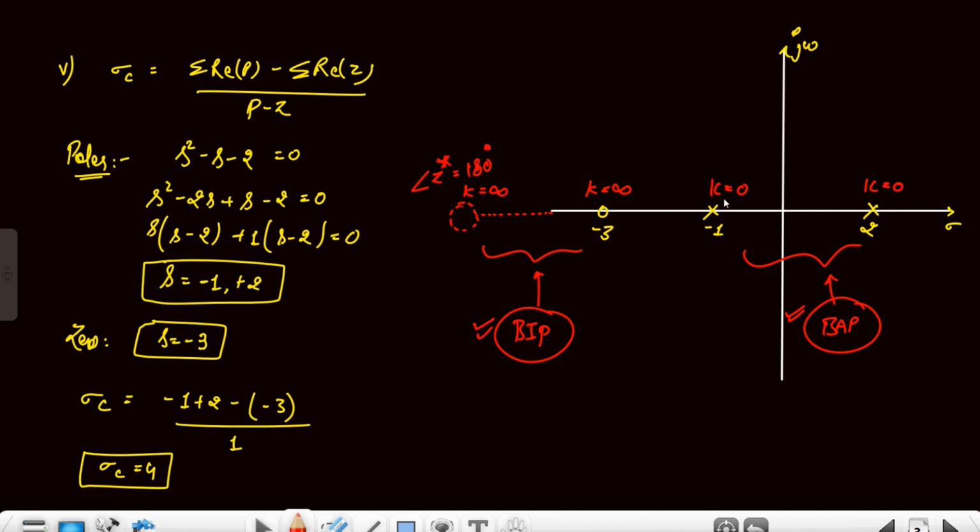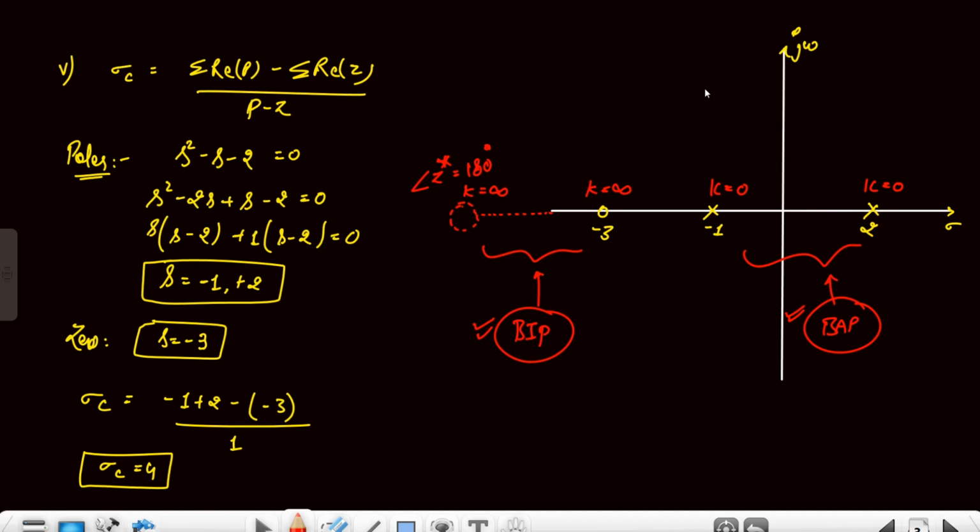Now the root locus always starts from open loop poles, which means one branch will start like this, and the other branch will start like here, and they will meet at this breakaway point, wherever the breakaway point lies in this range.